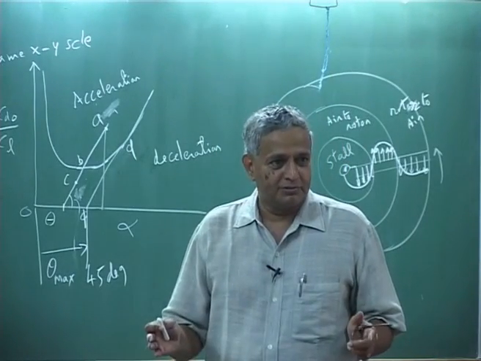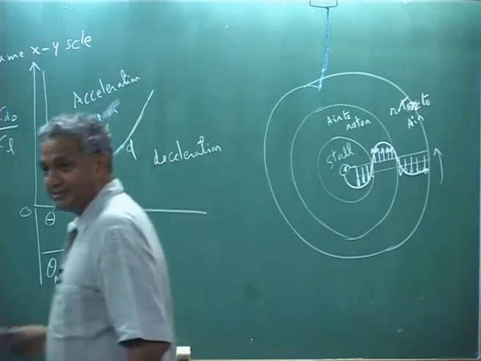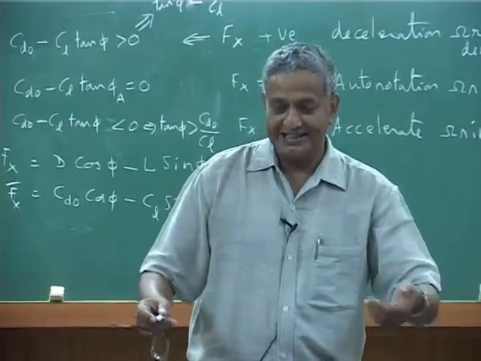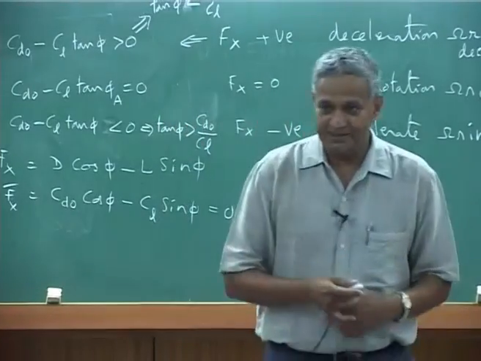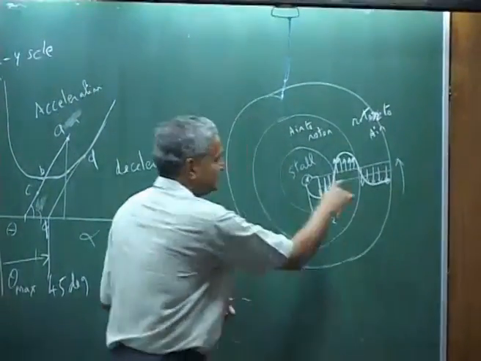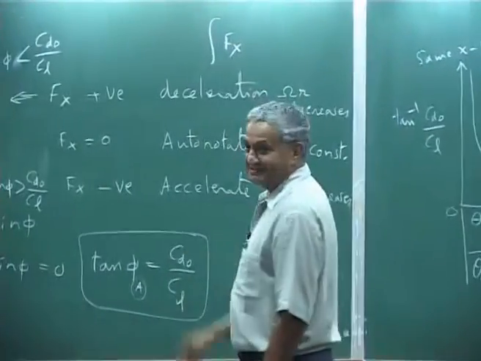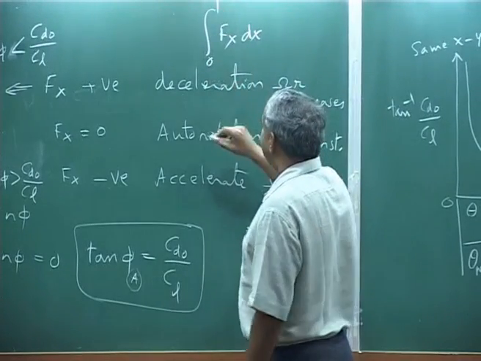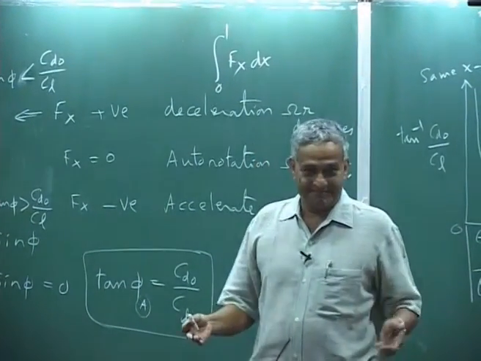For auto rotation, you should not have any power. The integral of this drag force is the total force, and the integral of r into the drag force is the moment. You take it as integral F x dx, from 0 to 1, and this is the total drag force.